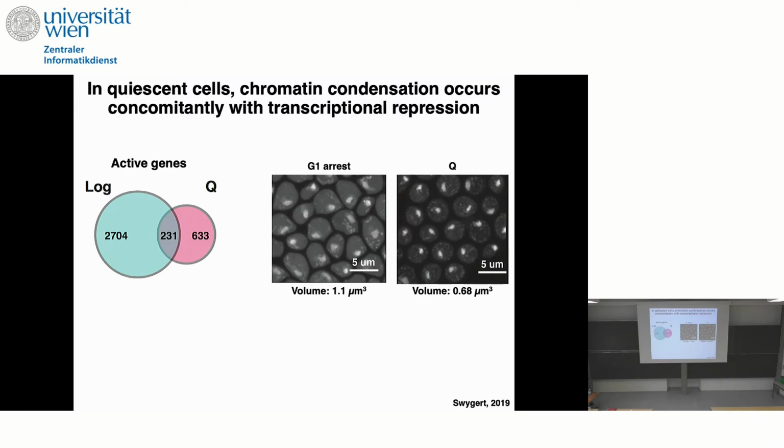At the same time, if you do DAPI staining and measure the total volume of chromatin in these cells, you can see between G1 arrested cells and quiescence, the total volume of chromatin decreases almost by half. So this is telling us that there may be something very interesting going on at the 3D chromatin structure level, mediating what we see with transcription.